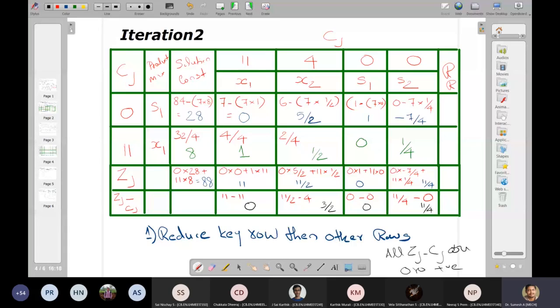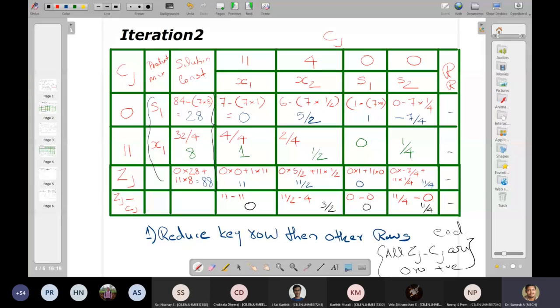Now, what are the results? Where do we get the results? There is no need of calculating RR and all. The results you can take from the solution constants. Whatever is coming here is your result.